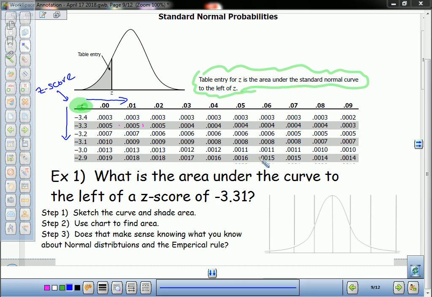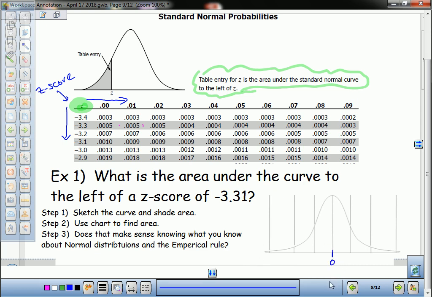But first of all, what is the area under the curve to the left of a z-score of negative 3.31? What we're going to do is sketch the curve, and think about what that means before we do anything. What is the mean of every standard normal distribution? 0.